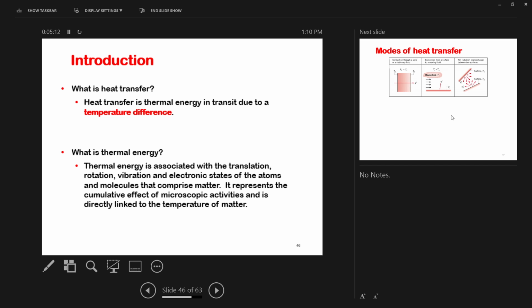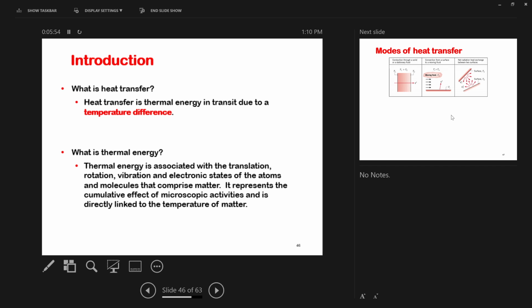So when we refer to thermal energy, we are essentially referring to the energy of the bulk of molecules, which means that when your medium has higher thermal energy, your molecules are vibrating more or moving faster, which translates later on to temperature. So thermal energy in general represents the cumulative effect of the microscopic activities and is directly linked to the temperature of the matter.